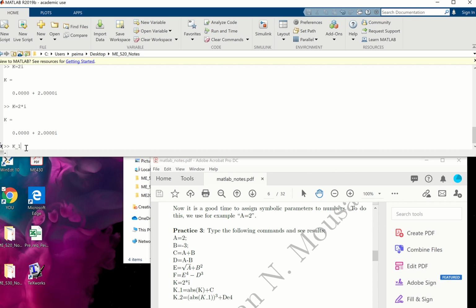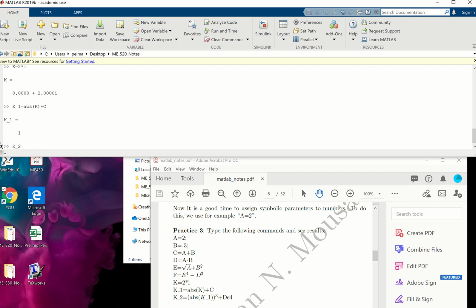This is the best approach to define your parameters in the code in MATLAB. Underline 1 is abs of k, which means absolute value or magnitude of a complex number, as I taught you in the previous class. That's right, plus c. Here we go, and we already have c from here. This is c. We calculated.